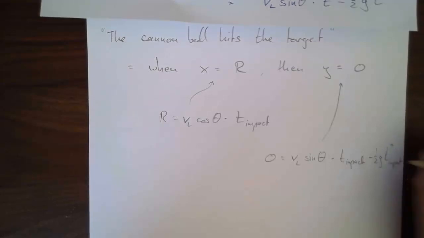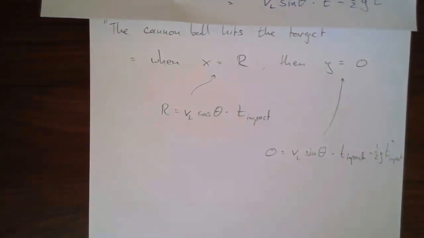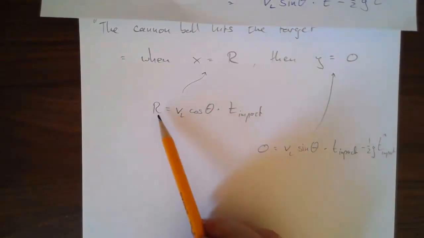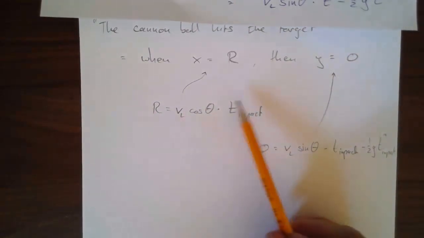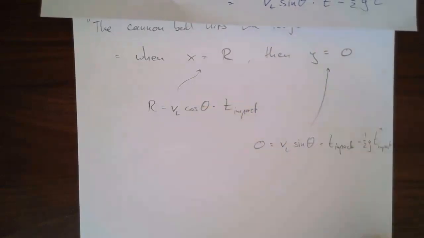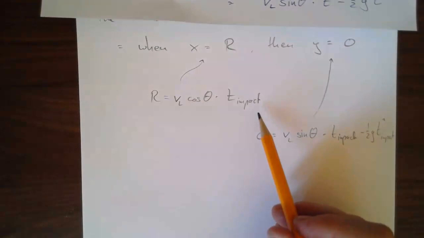Let's see if I can squeeze it on the page. Barely. It clearly says impact. So, two things. I've got two equations, and there are two unknowns. I don't know the impact time. I don't know how long the cannonball is in the air, and I don't know the angle. In this case, what do I care about? I want to find the angle, so I want to eliminate the impact time between this.